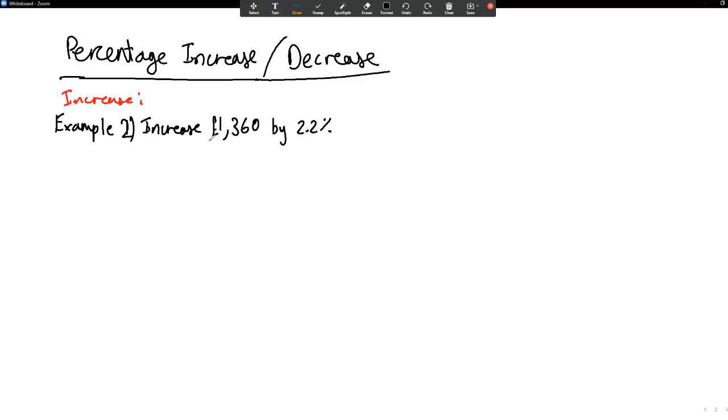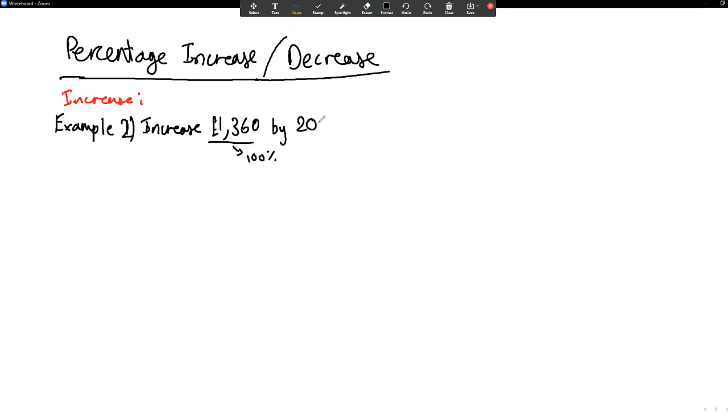Well, remember, we need to think of this number here as being 100%. So if we want to increase the 100% that we have by 2.2%, all we have to do is add 2.2% to 100. So in fact, make this a little bit simpler.